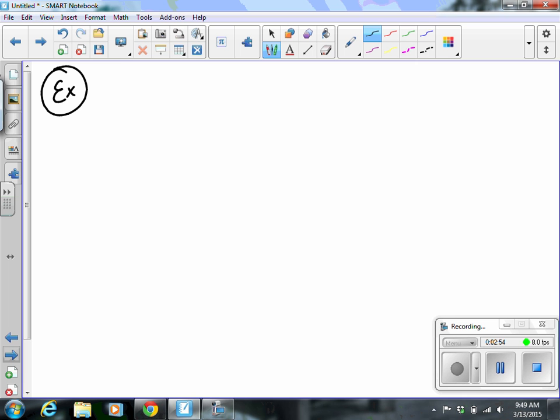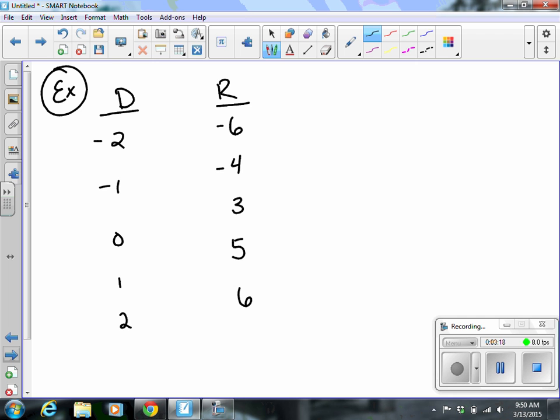So when I'm first looking at this, you're going to have a table of domain and ranges. So let's say my domain, I have -2, -1, 0, 1, and 2. For my ranges, I have -6, -4, 3, 5, and 6.